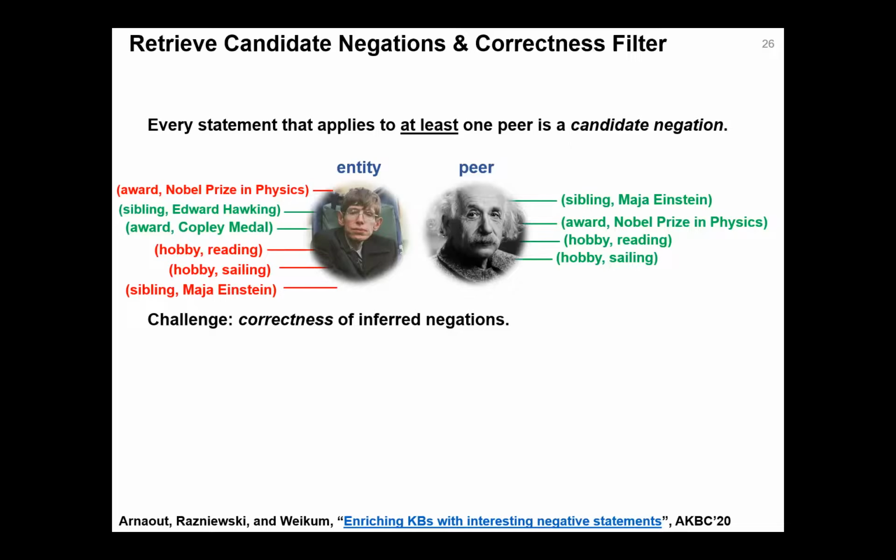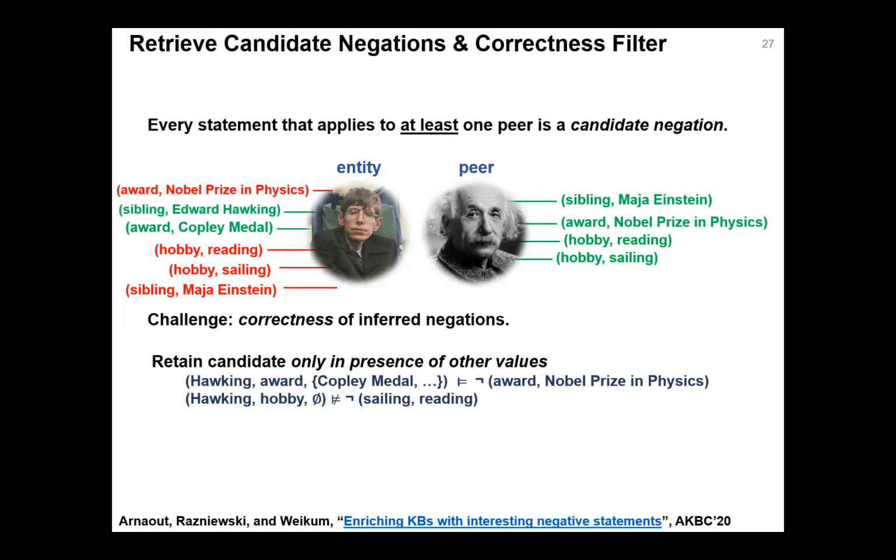Here, a simple heuristic can be used. And this is related to something Fabian has mentioned at some point, where if an editor made the effort to start adding the awards that Stephen Hawking has won, then he or she probably will add all of the awards that they have won. And we can assume that any award that has not been added to be false. However, there were no hobbies for Stephen Hawking in this.